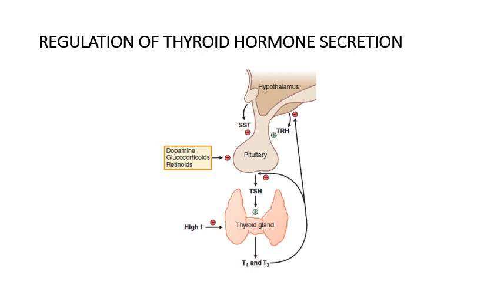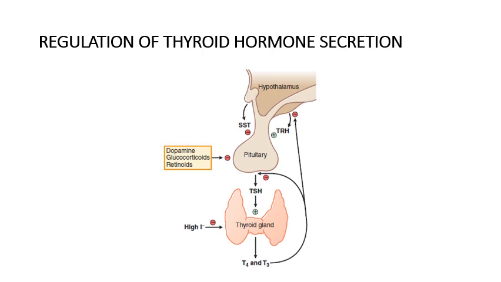We will now see how the thyroid hormone secretion is regulated. As we all know, the hypothalamus is the master control of all the endocrine hormone secretion. Here the hypothalamus releases thyrotropin releasing hormone, which acts on the anterior pituitary and stimulates the secretion of thyroid stimulating hormone, and this TSH acts on the thyroid gland and increases the secretion of T4 and T3.